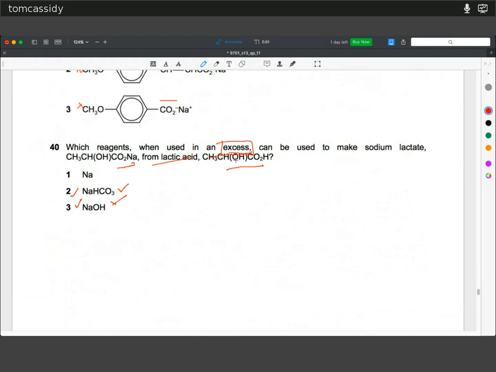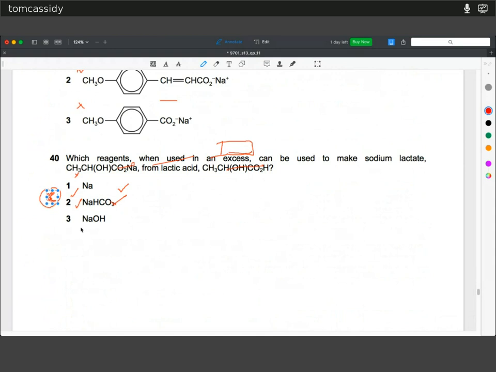And these two would react nicely with lactic acid in excess to give the sodium salt. You certainly don't need an excess of sodium to react with an acid. And so when you've got 2 and 3 together, answer C is the answer when you have 2 and 3 checked.